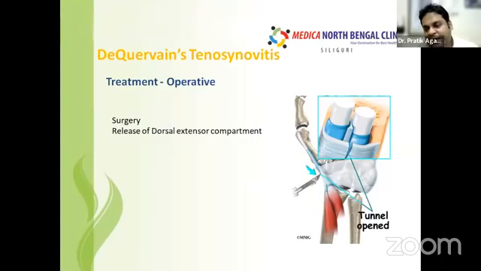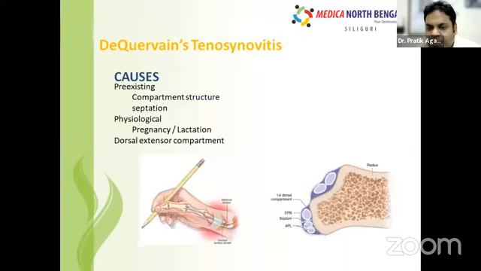In some cases, even the injection is not helpful for the patient, and in such cases we need to do a release of the dorsal extensor compartment. As I was already explaining, the sheath here, you can see my cursor, if it is not relieved even by injection, then we need to cut the sheath.